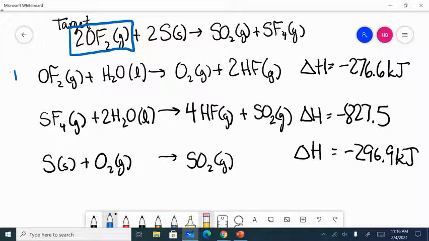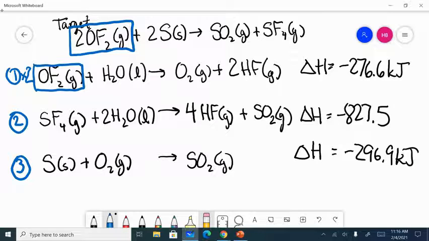I'll label them 1, 2, 3. I'm going to recognize that equation 1 has OF2 in the reactants, but it only has a coefficient of 1. So I'm going to have to take equation 2 and multiply it by 2, which will give me 2OF2.